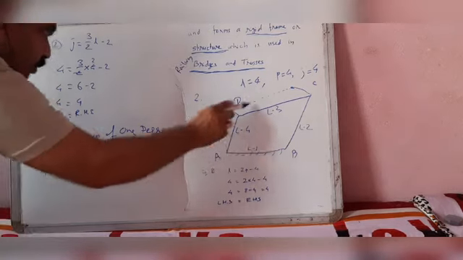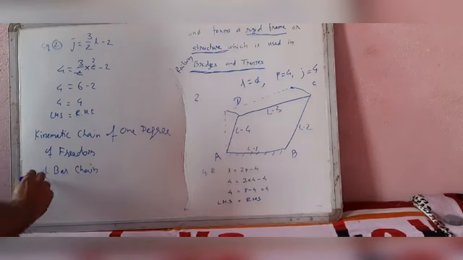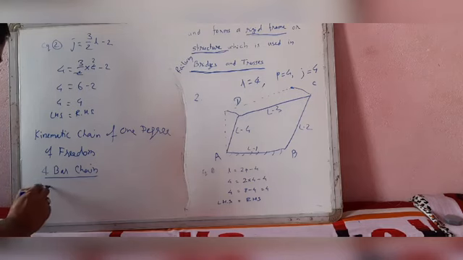there are 4 bars, 4 links, and the relative motion is completely constrained. Hence it may be called a constrained kinematic chain.